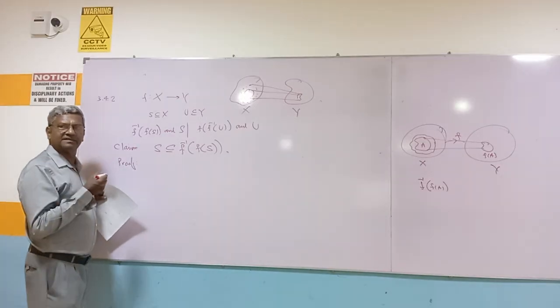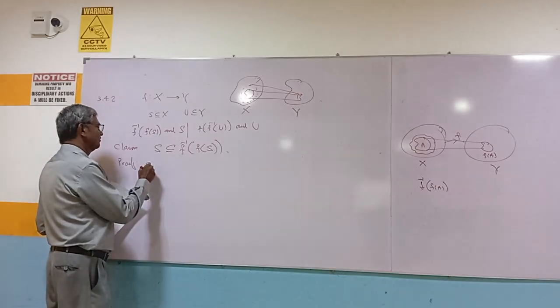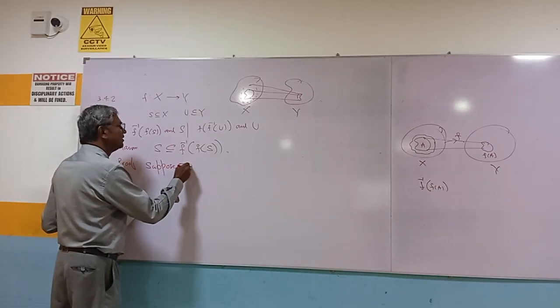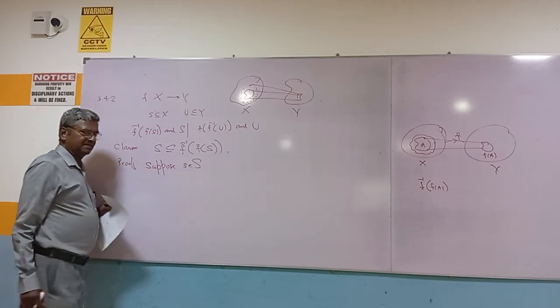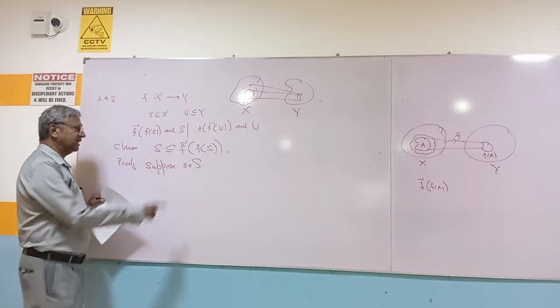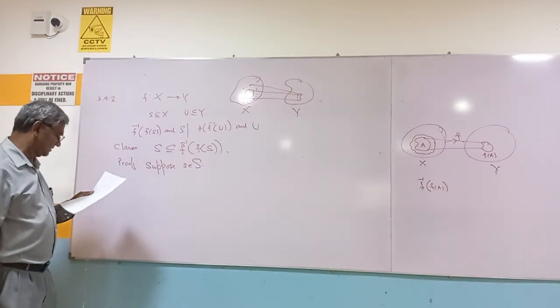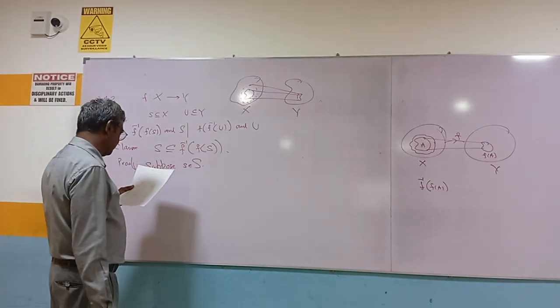So what should I write? Suppose little s belongs to capital S. Then I want to prove that little s belongs to this set.